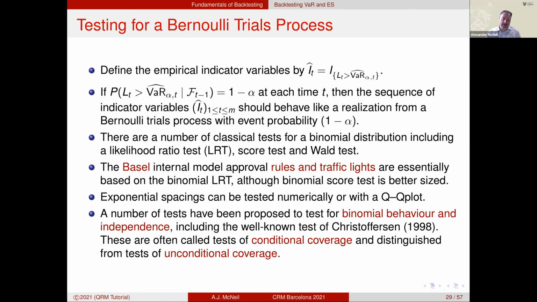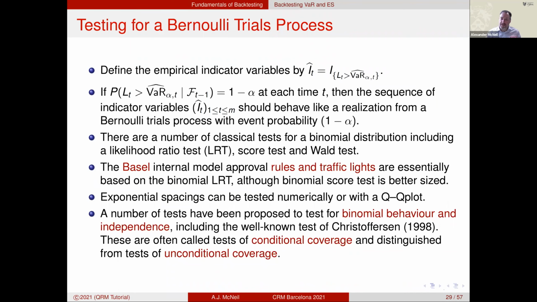Just a little bit about terminology. If a test tests jointly for the right distribution, which is binomial, and for independence, we tend to call it a test of conditional coverage in econometrics. But if it only tests for distribution, we call it a test of unconditional coverage. So where you see a test of unconditional coverage, the test is only sensitive to a misspecification of the distribution.